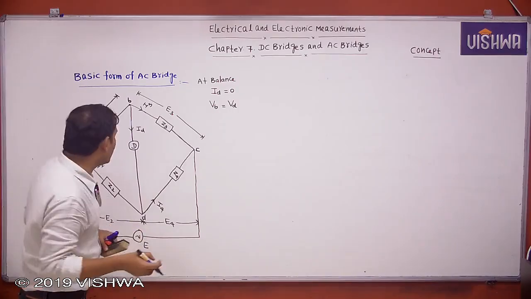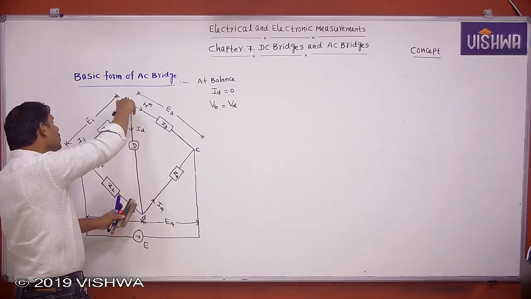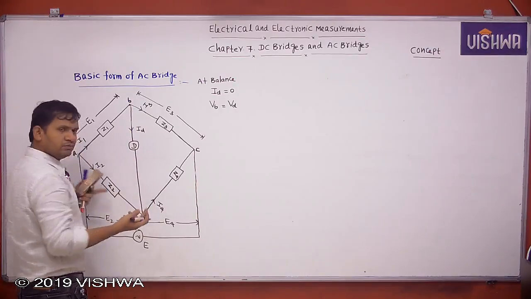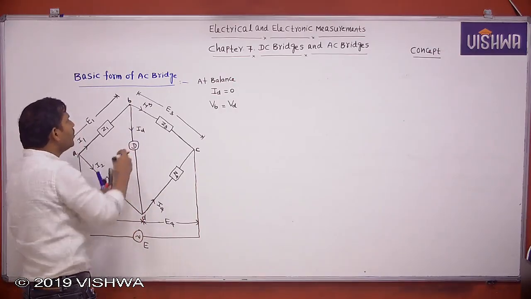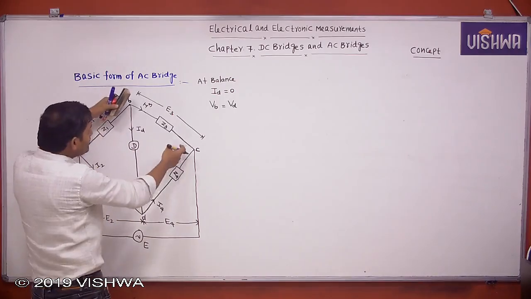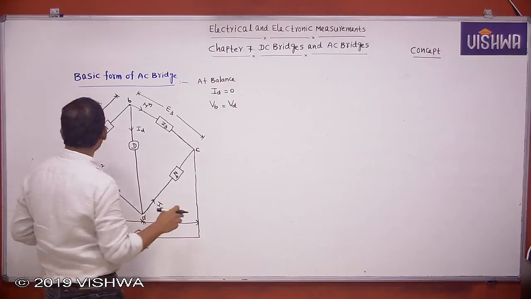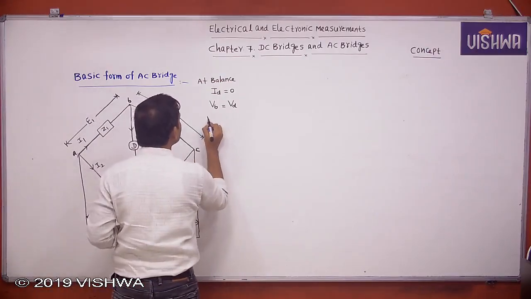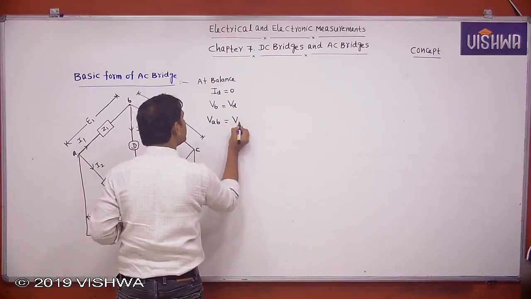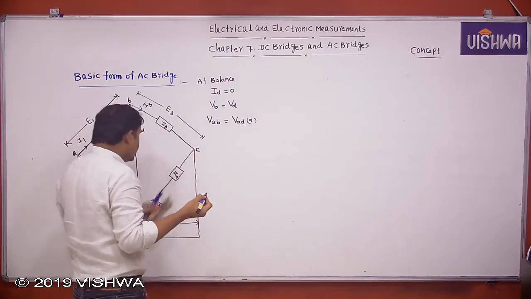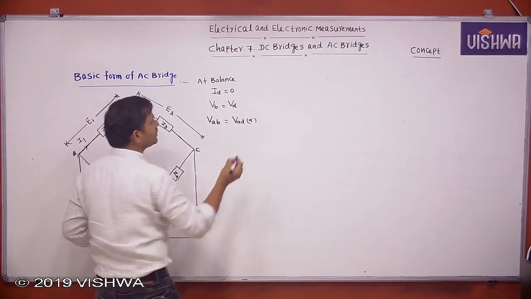Clear? Now tell me. If VB equal to VD, then VAB equal to VAD, or VBC equal to VDC. Any condition will satisfy. That is also correct.